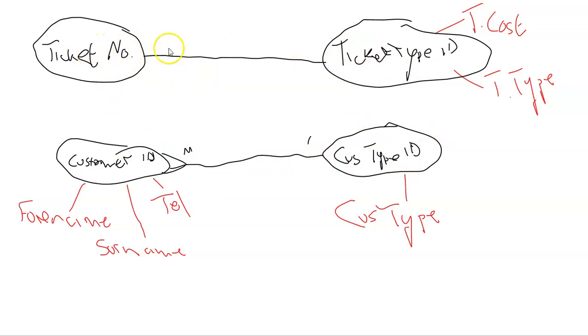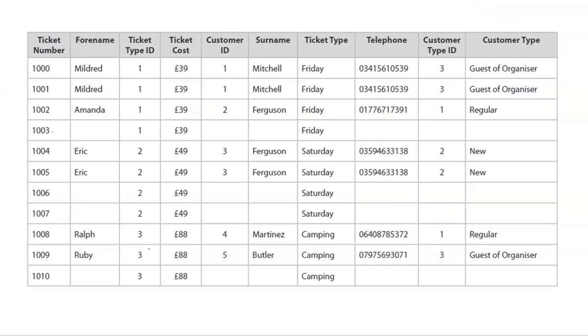We've got these two tables connected and these two tables connected, but there's no connection between them. Now, because customer ID doesn't match with ticket type ID, we know that there must be a relationship here. Now all we need to know is which way that relationship goes. So let's go back and let's check.